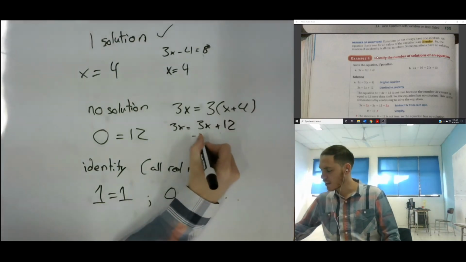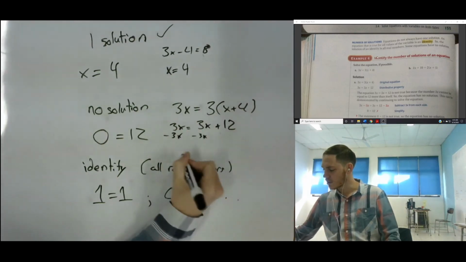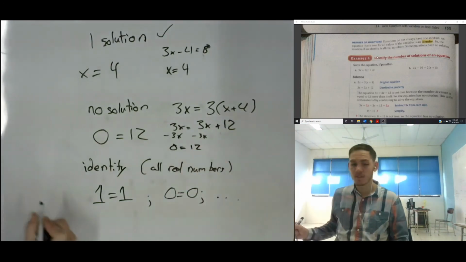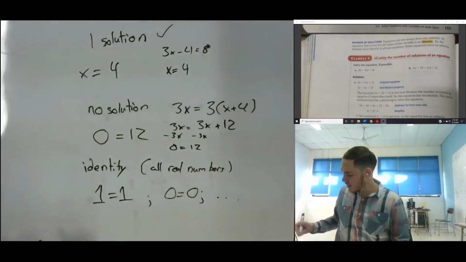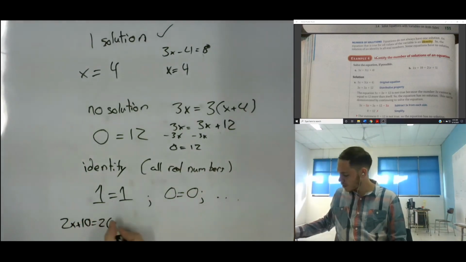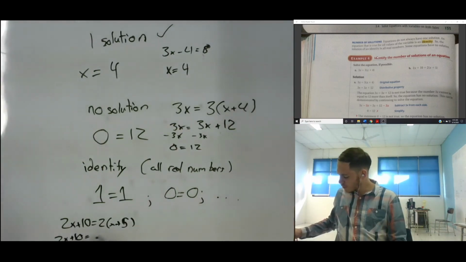Then subtract 3x from both sides. These two cancel and these two cancel. So then you get 0 equals 12. Okay. What about identity? Another identity would be 2x plus 10 equals 2x plus 10.